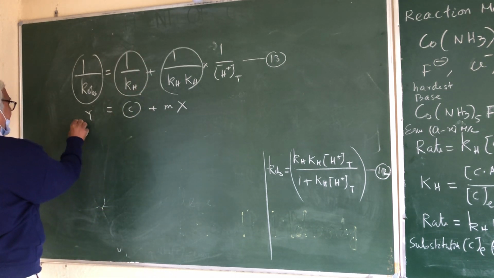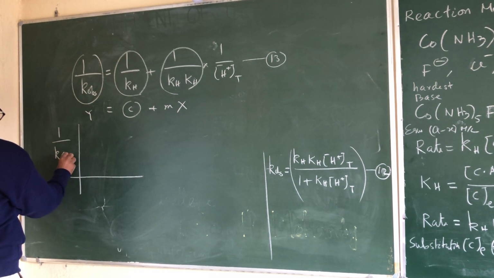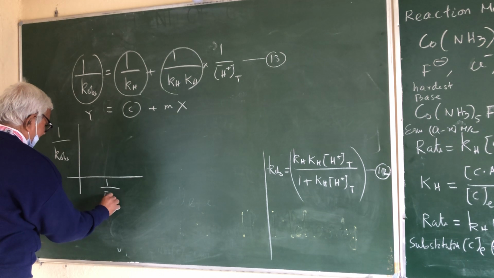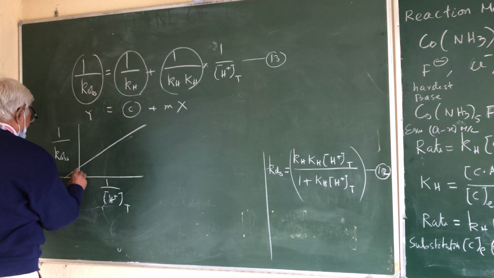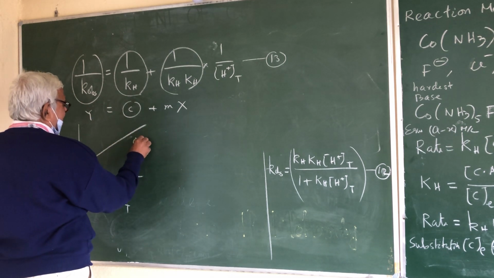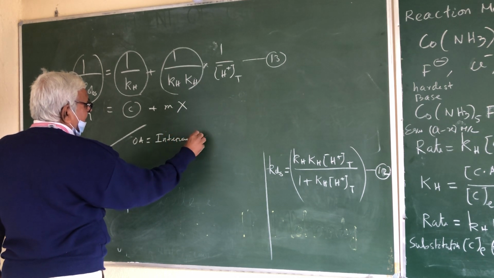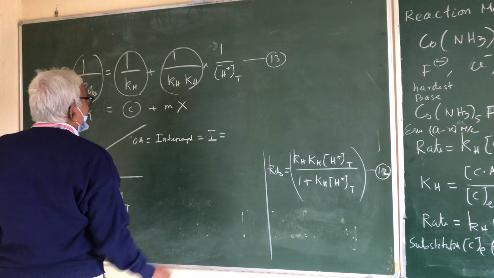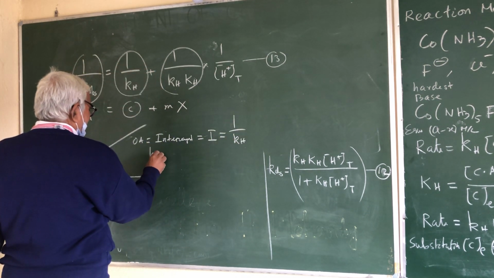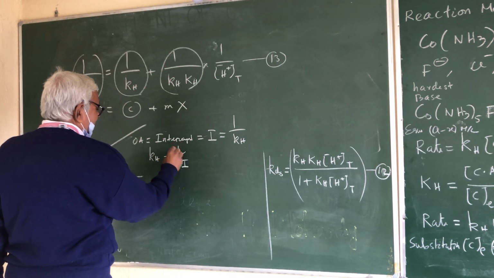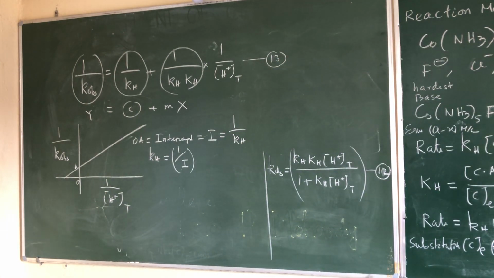Then if you plot 1 by k observed versus 1 by hydrogen ion total, you should get a straight line like this. OA is equal to the intercept, let it be I, which will be equal to 1 by k. And what is k? k is the reciprocal of the intercept.